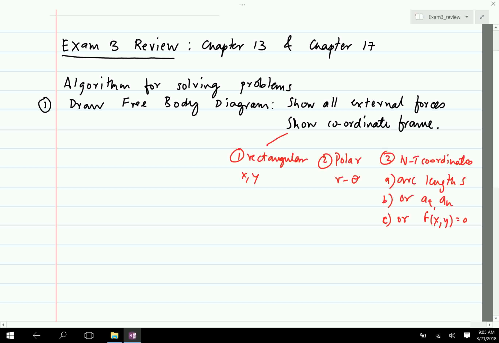Now in some cases, like things moving in a circle, you're free to use either frame, polar or n-t. So circular motion can use 2 or 3.